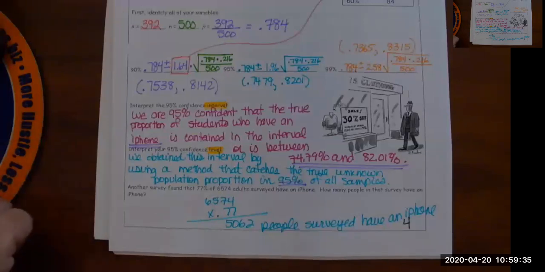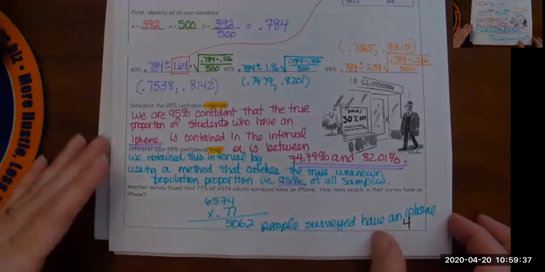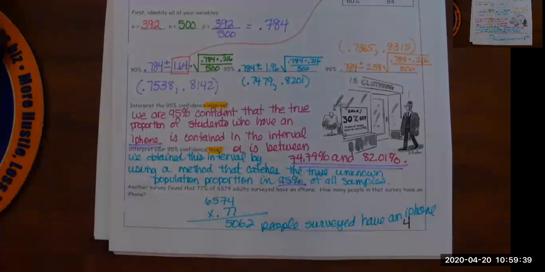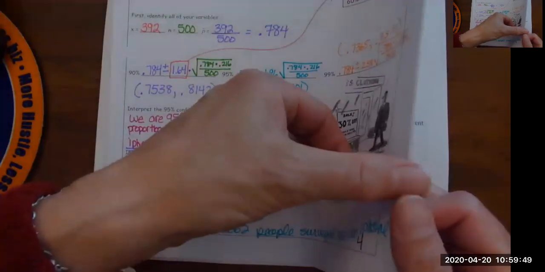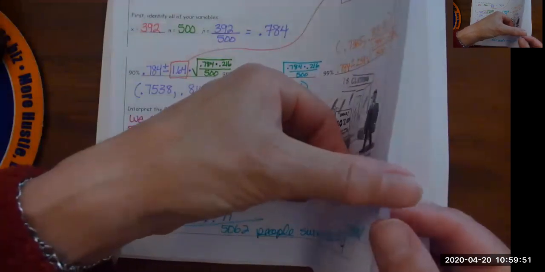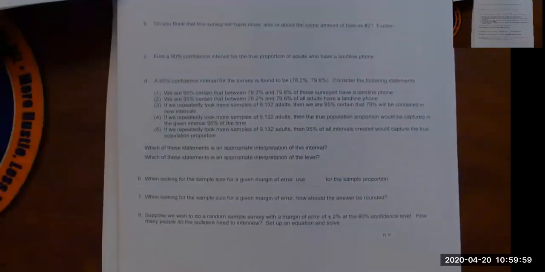In our area, we know we have a lot of iPhones. Well, that's it for today. So you are ready to do your first homework assignment, part of the first homework assignment. So what you're going to do is all of page 5 and page 6.